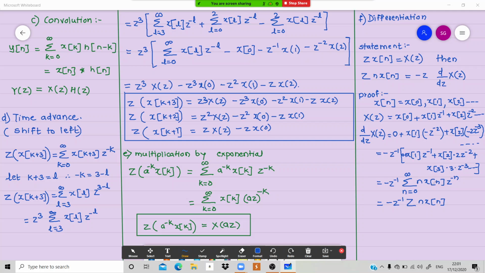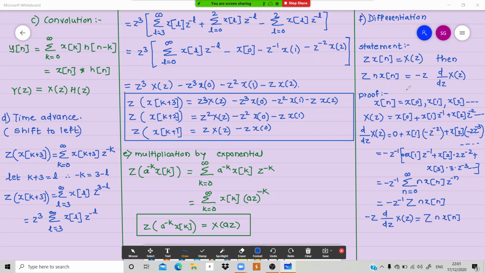So by definition you are having the z transform for this. Now if I take this z raised to minus 1 to the denominator, it will go to the numerator, and you are going to have minus z d/dz of X(z) is equal to the z transform of n x[n].